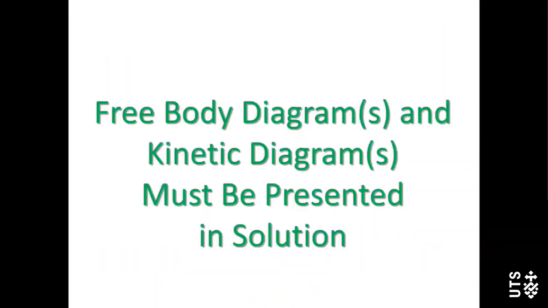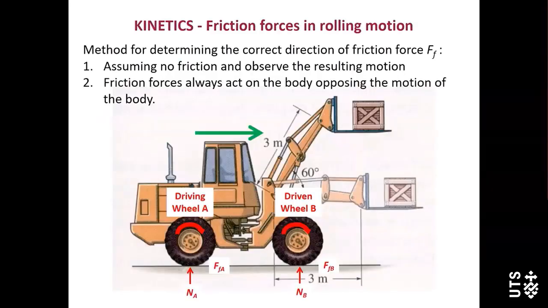Next, we will use the equation of motion for a rigid body to solve some problems of translation. Before we solve this problem, just highlight one thing. The free body diagram and the kinetic diagram must be presented in all the solutions, because the direction of friction force can be involved in a lot of problems.